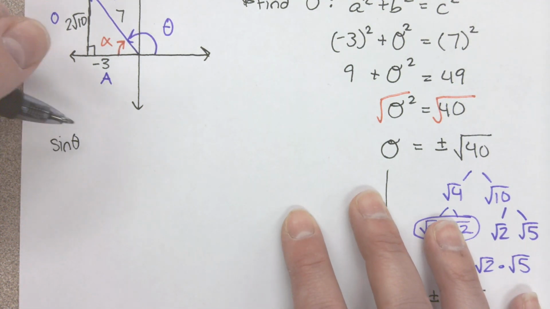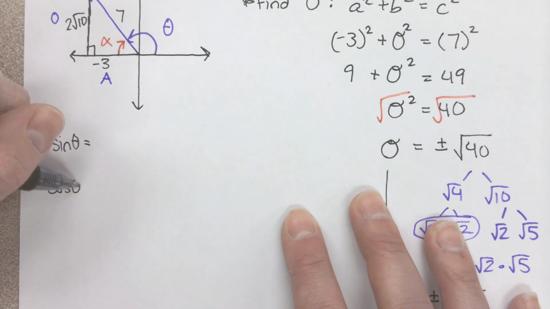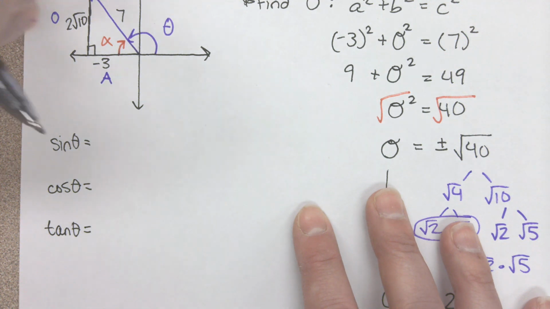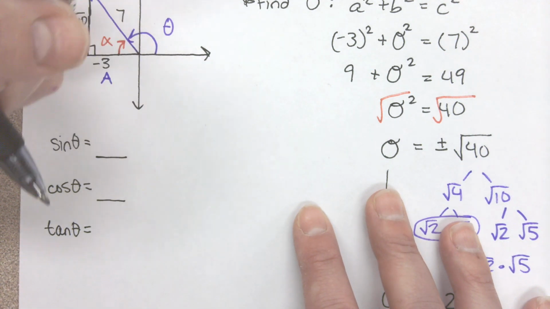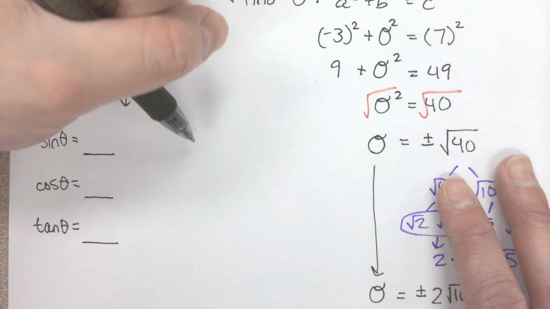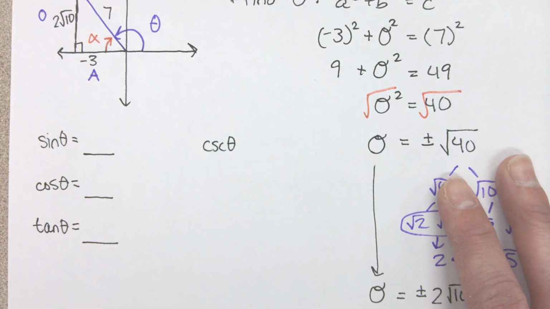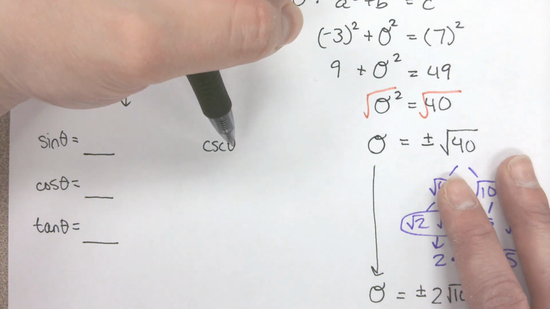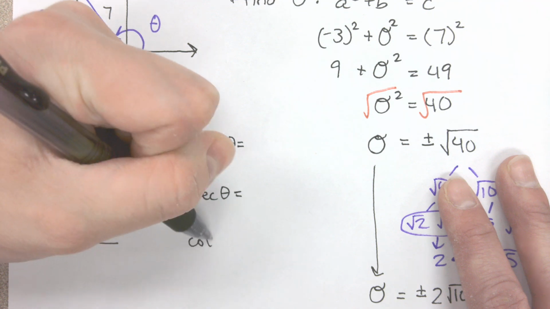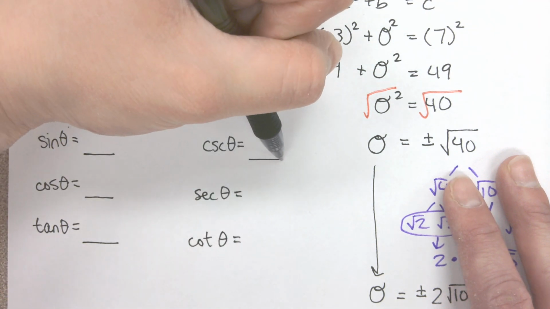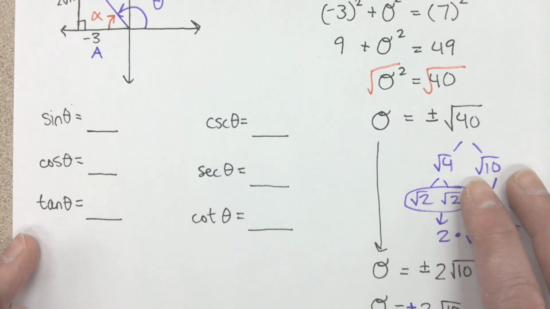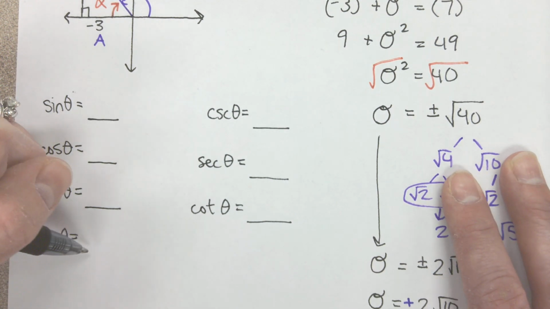We have sine of theta, cosine of theta, tangent of theta, the reciprocals, cosecant theta, secant theta, cotangent theta, and lastly theta and alpha.